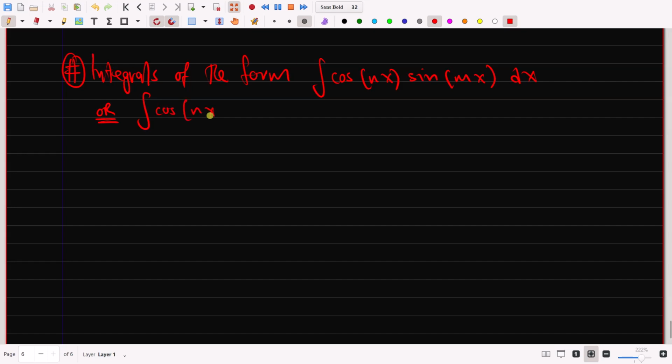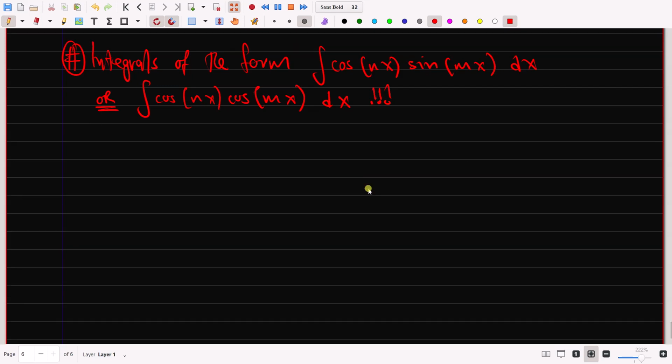Such integrals are handled using expansions, as we shall demonstrate.